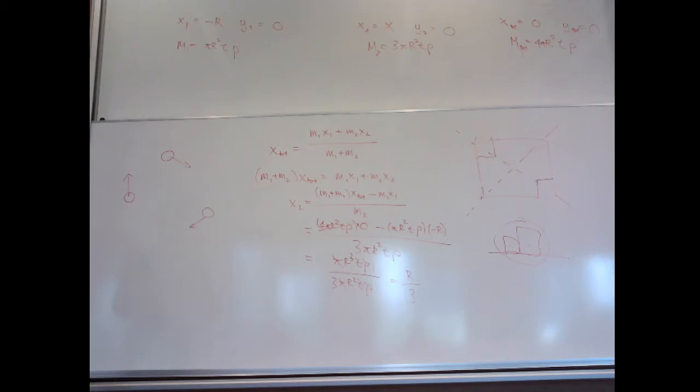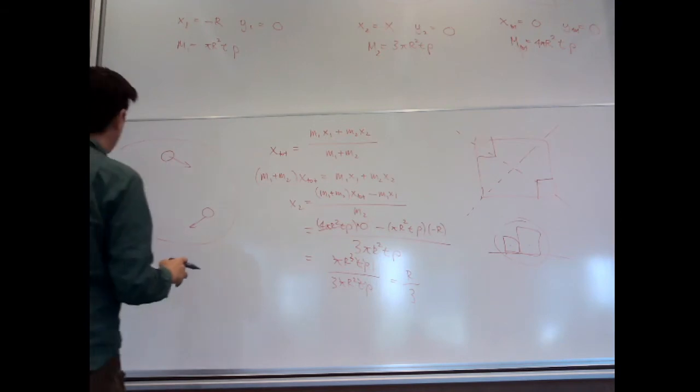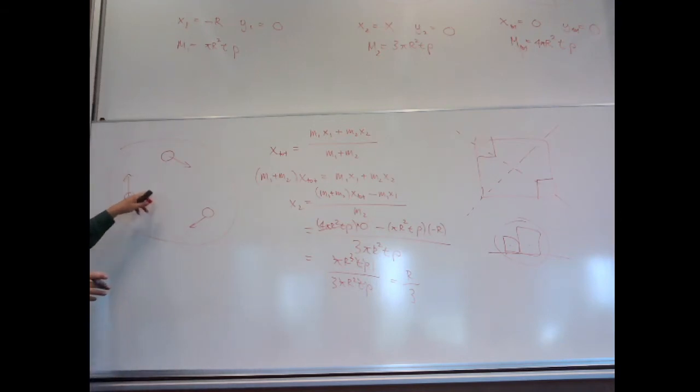Basically what this equation is saying is that you can still apply Newton's laws, even though they're disconnected objects. You can still apply Newton's laws to this whole system, so long as you use the center of mass acceleration.